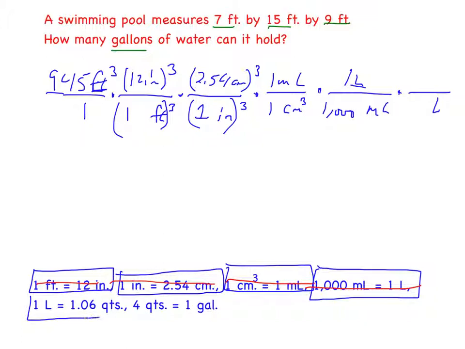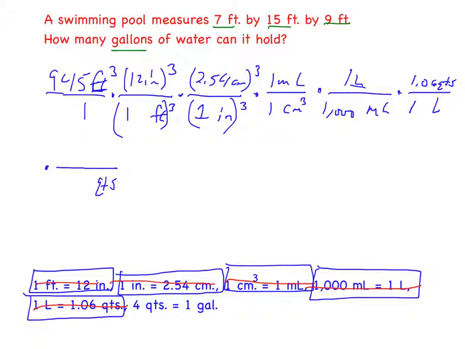And I see down here that 1 liter is equal to 1.06 quarts. Okay. And this is another conversion factor that you are supposed to have memorized. Alright, so we can cross that one out. And we're not to gallons yet, so we're going to add another bar. And with quarts on top, we have to have quarts on bottom.